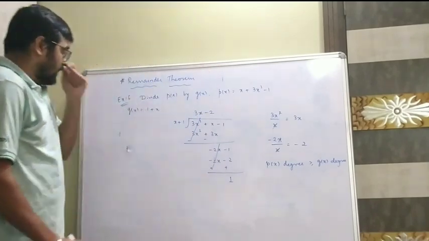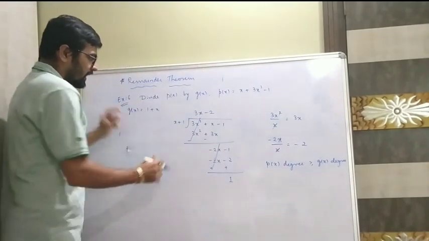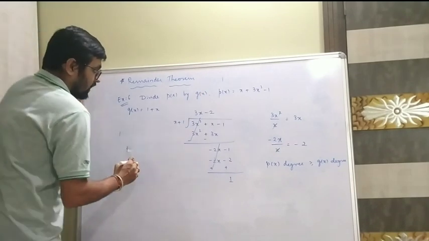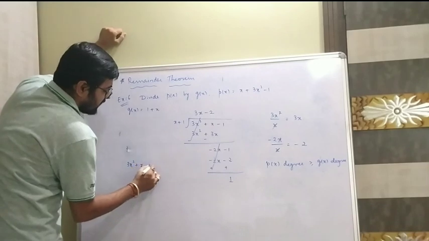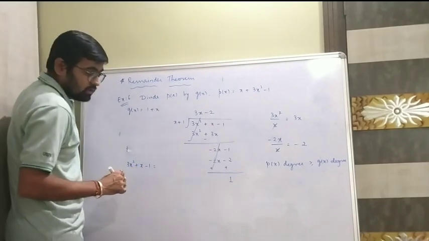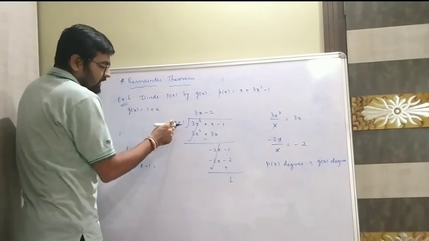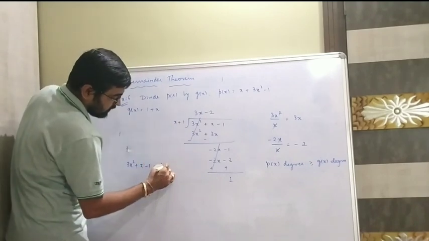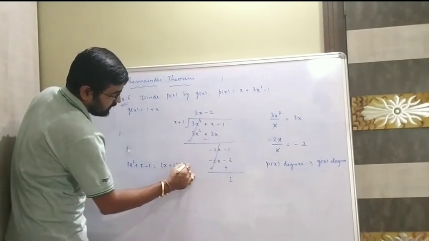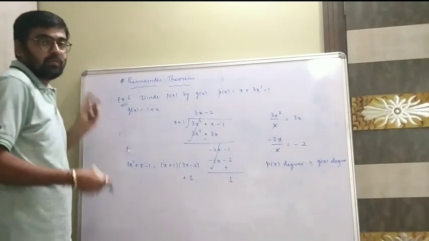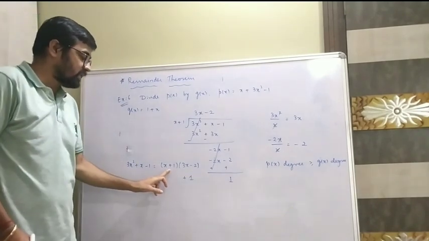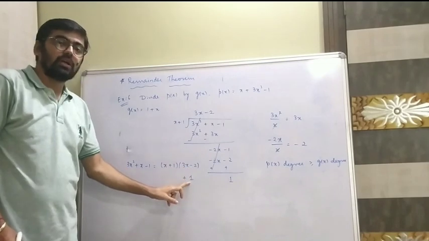Stop. Okay. Now, can I write this given polynomial 3x square plus x minus 1 in the form of divisor into quotient? So x plus 1 into 3x minus 2 plus remainder 1. Dividend is equal to divisor into quotient plus remainder.